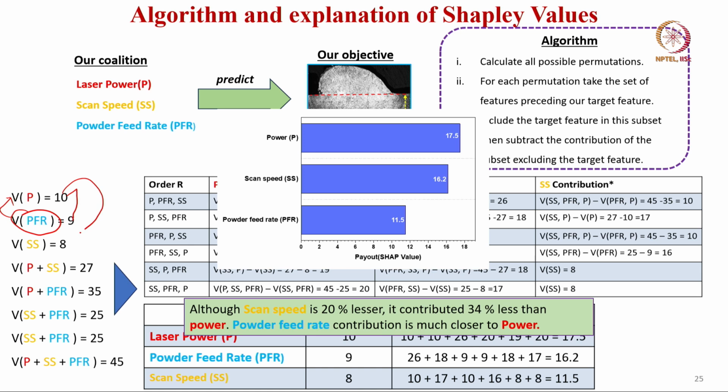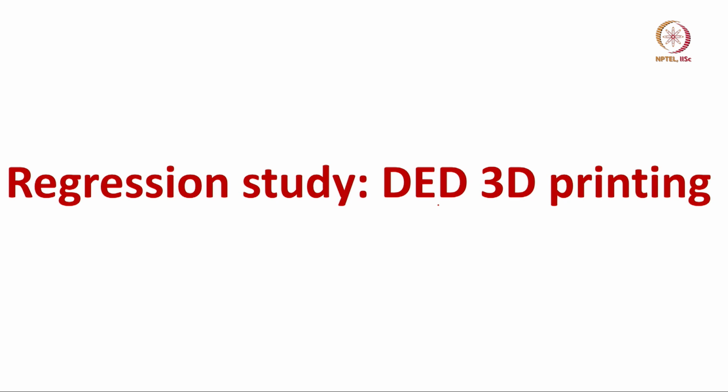With respect to power, the scan speed is 20% lower in the original values, but based on the Shapley values, its relative contribution is 34% lower compared to the laser power. That is what has been mentioned here. So the payout is 17.5 for power, 11.5 for powder feed rate, and 16.2 for scan speed.